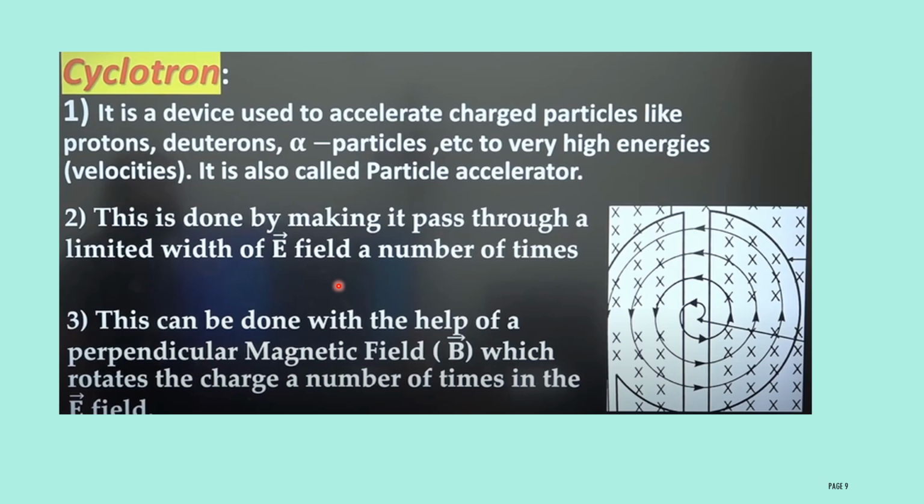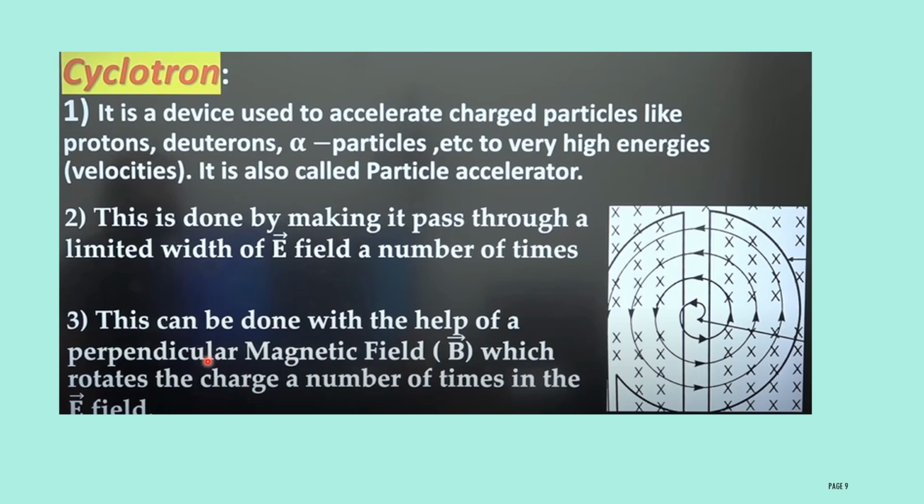If you only use an electric field, it continuously applies a force on the charged particle, and the particle will get accelerated. But if you want to change the direction of the charged particle, you have to use a magnetic field. This can be done with the help of a perpendicular magnetic field B, which rotates the charge a number of times in the electric field.